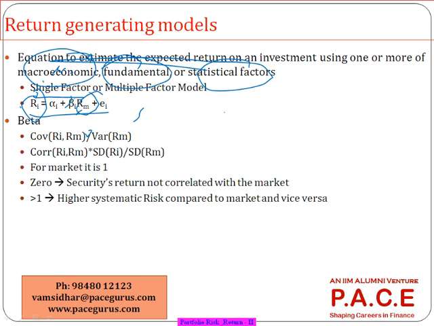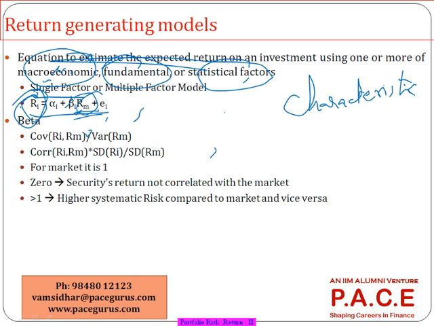Such a thing is nothing but a graph again, where the return on the market is taken on one axis and the return on the security is taken on the other axis, and again a line is typically drawn. That line is what we call the characteristic line. If you see in the earlier slide which I left out, the line which is coming out between the return on the market and returns of the security, both sides it's returns only. In our CML, we had risk on the x-axis and return on the y-axis for the portfolio.